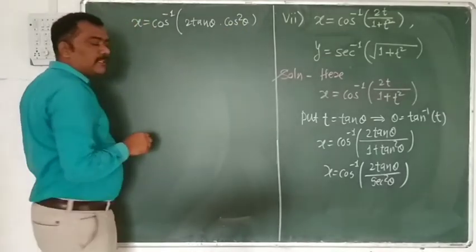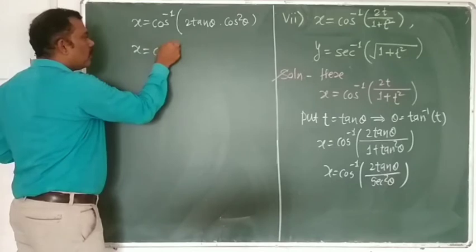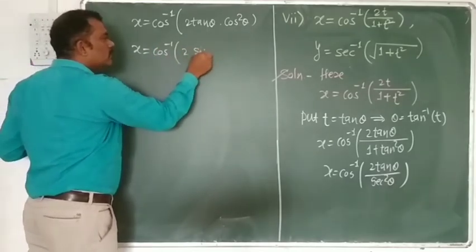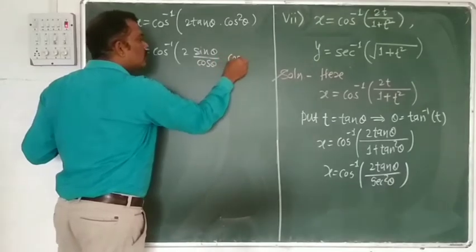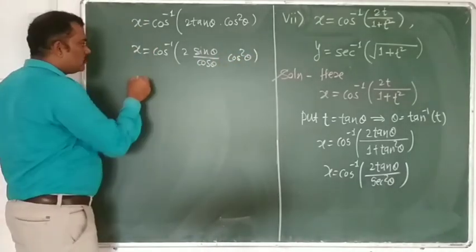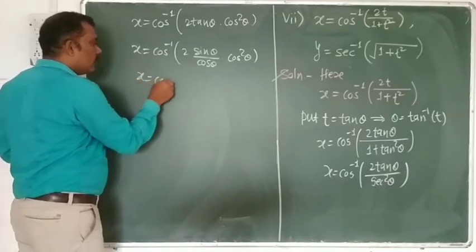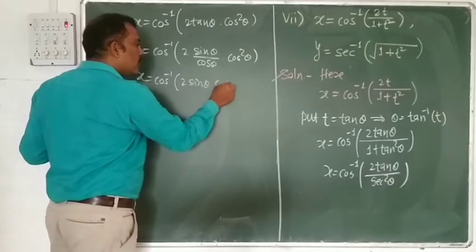Tan theta is sin theta upon cos theta, so we can write x is equal to cos inverse of 2 times sin theta divided by cos theta into cos square theta. From the cos square we cancel one cos, so we get x is equal to cos inverse of 2 sin theta cos theta.